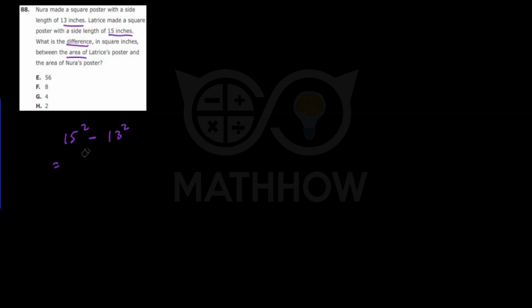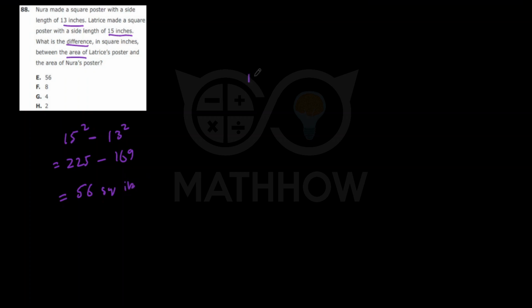First way is calculating these squares separately and then subtracting. Square of 15 is 225 minus square of 13 is 169. Subtracting, the answer will be 56 square inches.